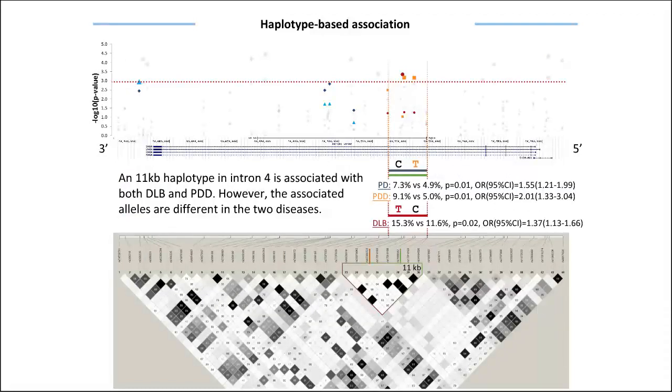On the other side, you can see a small region in the middle here, it's actually 11,000 nucleotides. It's a region that is associated with cognitive impairment. So these people that have this alternative form of the gene, they do readily develop cognitive impairment. Most of them actually have dementia with Lewy bodies.